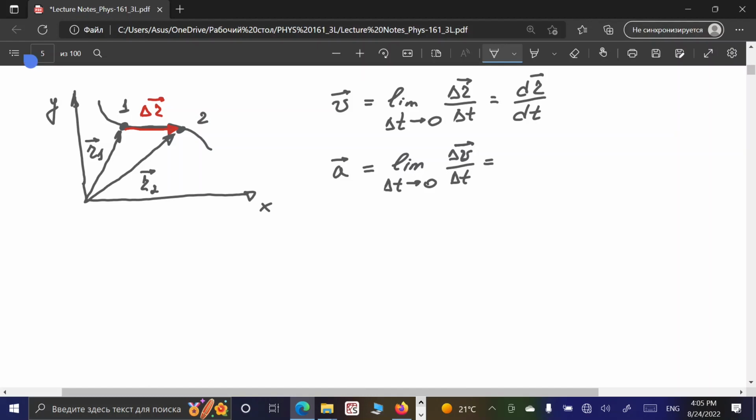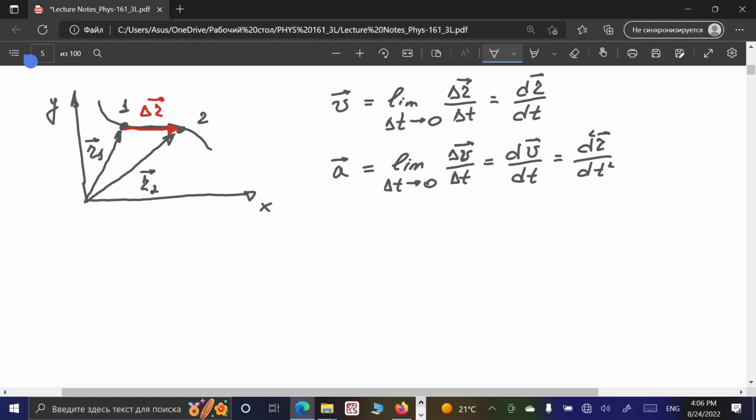It can be represented as the first derivative of the velocity vector with respect to time, or the second derivative of the position vector, the displacement vector, with respect to time. So it will be d squared r vector over dt squared.